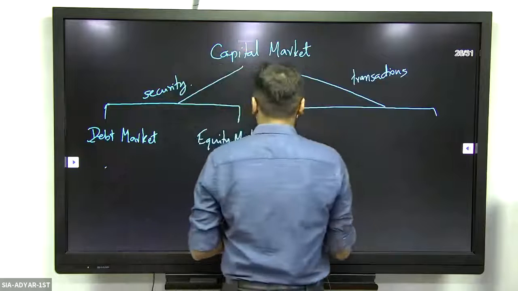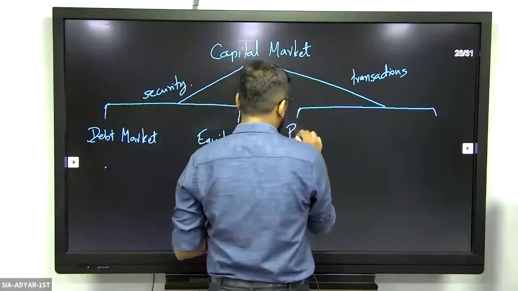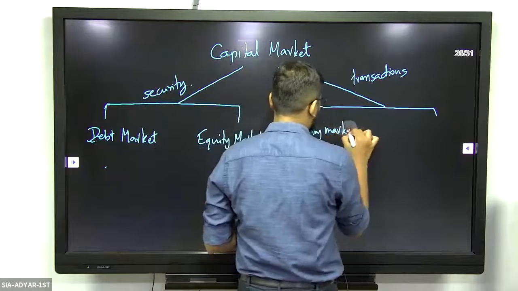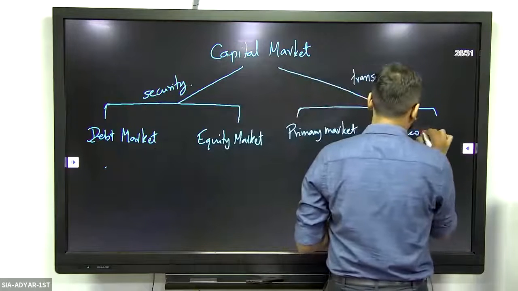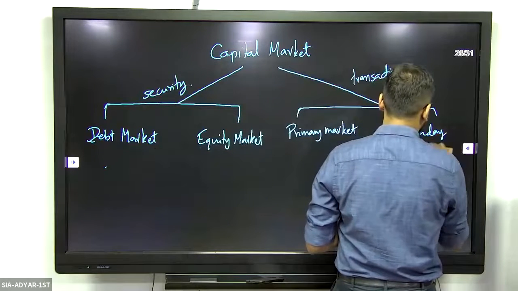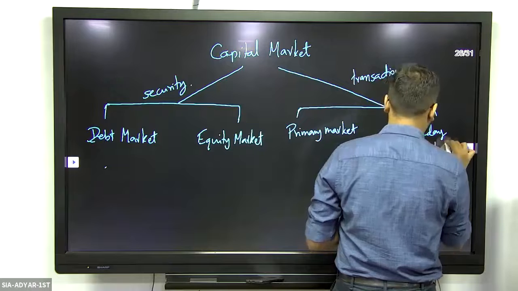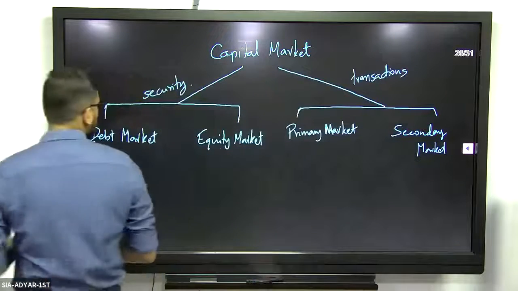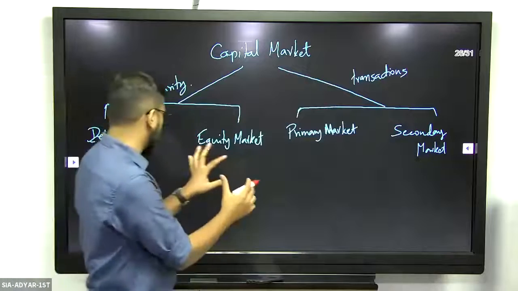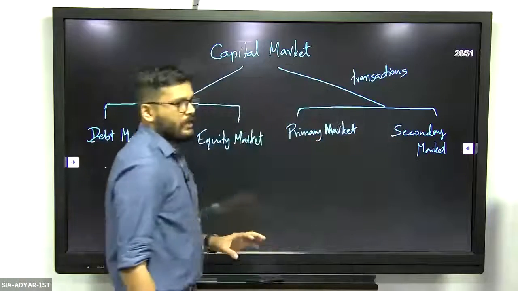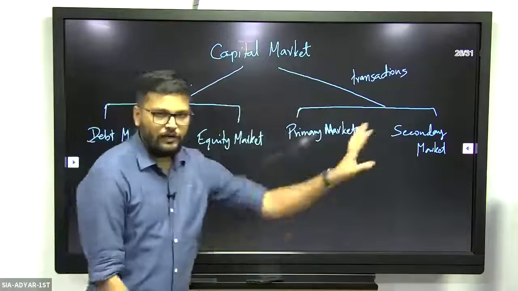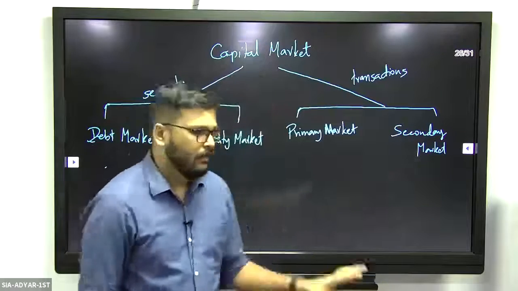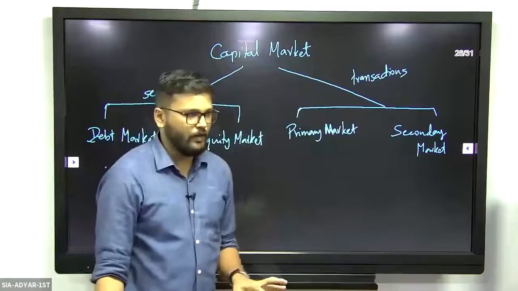So based on that, we can classify it into primary market and secondary market. We'll first take a look at the security based classification, then we'll look at the transactions based classification. This is all that we are going to study in financial market. Once we finish secondary market, we are done. These 4 topics is all that is left now.